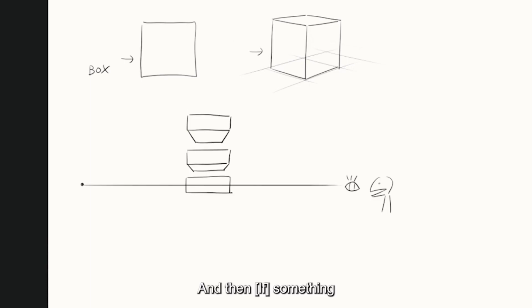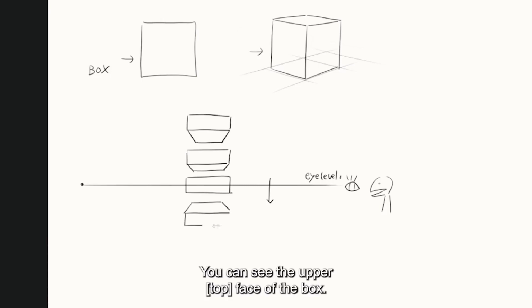And if you put an object under your eye level, you can see the upper space of your box like that.